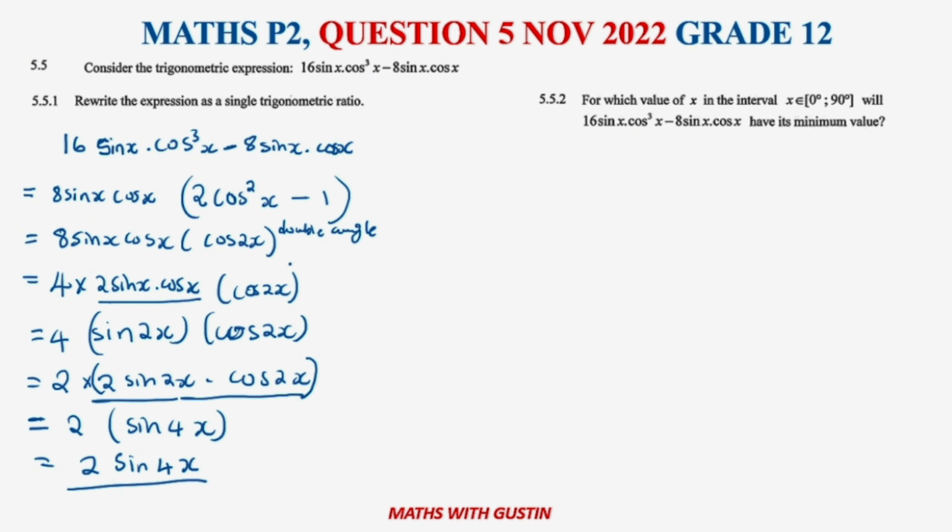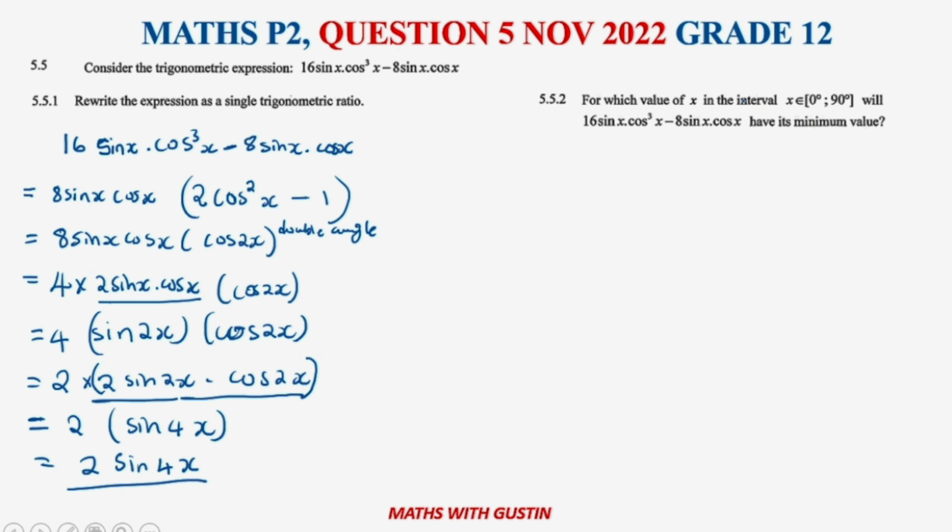Please make sure that you fully understand this, guys, because questions like this come up a lot in an exam. All right, so let's come here, and they're saying, for which values of x in the interval 0 to 90 will this equation have its minimum values?